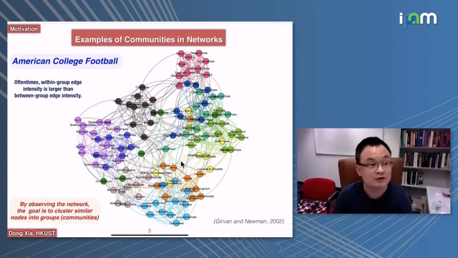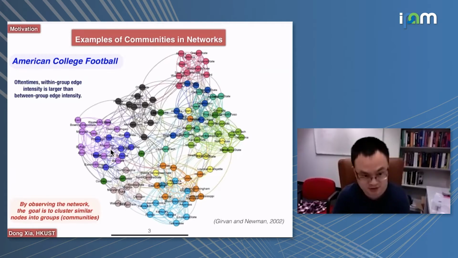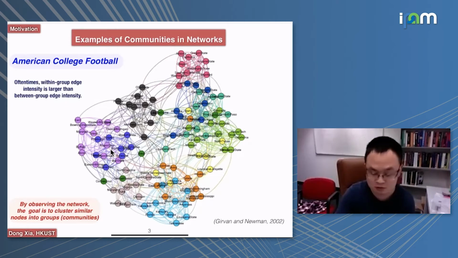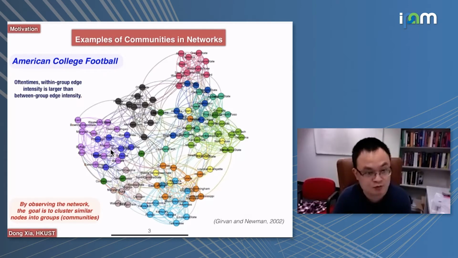First of all, let me briefly explain what is the meaning of community structures in networks. Here is a real data example: the American college football team data set. You can see it is a network, or mathematically, just a graph. There are vertices, and every vertex represents one college football team.